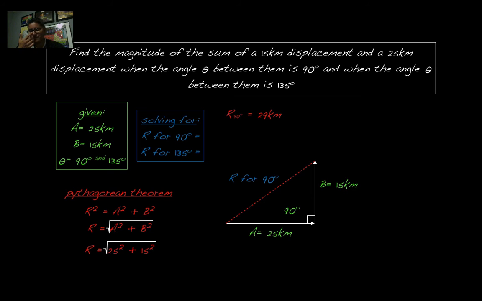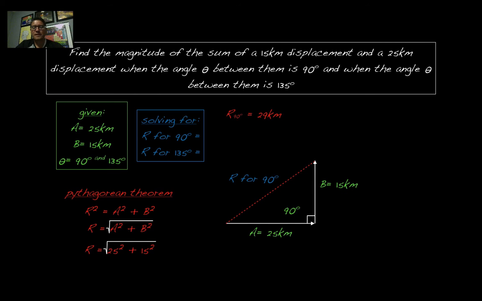So if I travel at 25 kilometers and then I take a right turn for 15 kilometers, I'm going to end up 29 kilometers away from my point of origin, from where I started off. Okay, so that's half the problem. The other half is I want to know what the resultant vector would be for 135 degrees.